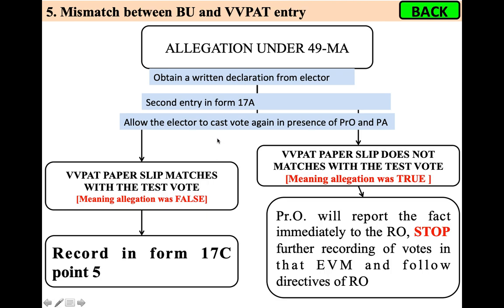The presiding officer will obtain a written declaration from the elector, make a second entry in Form 17A, and allow the elector to cast his vote again.